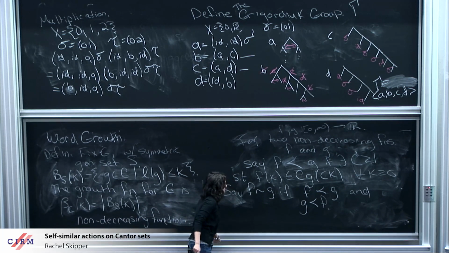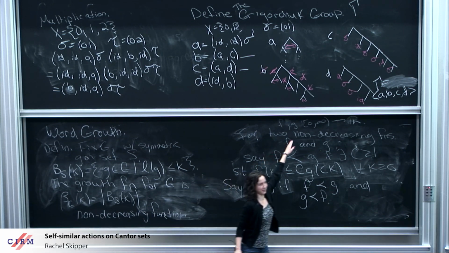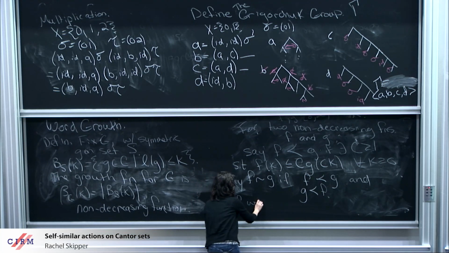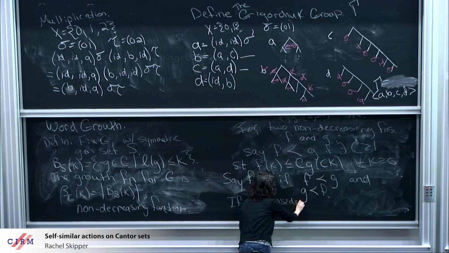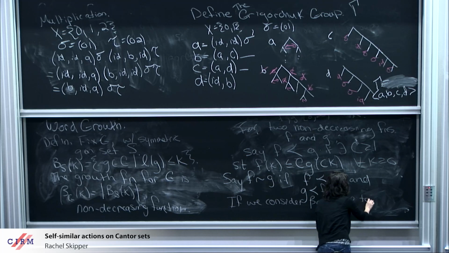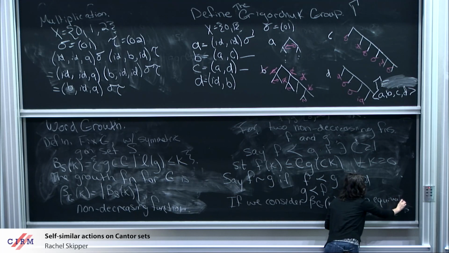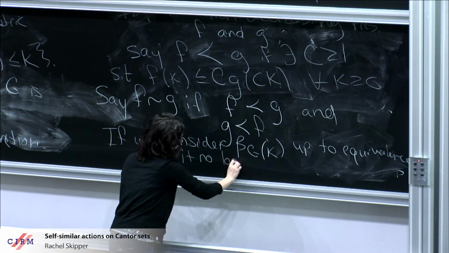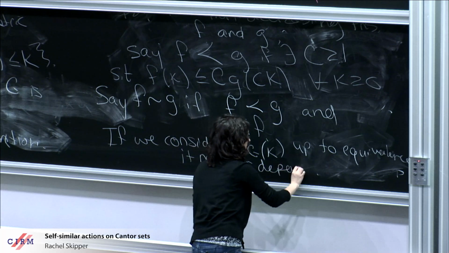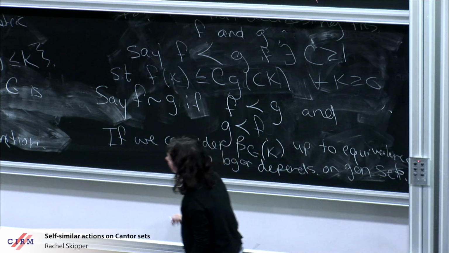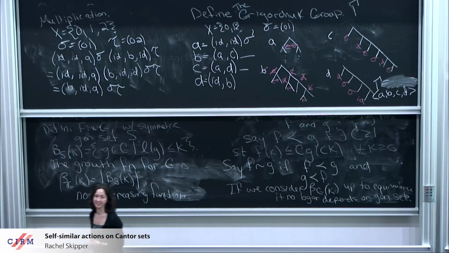And so what this means is if we consider this growth function beta G of k up to equivalence, it no longer depends on the generating set. So that's what we'll do: when we talk about growth functions, we'll really talk about it as sitting in this equivalence class.